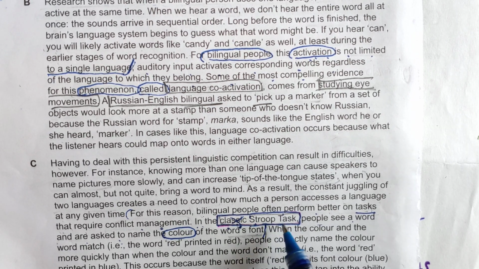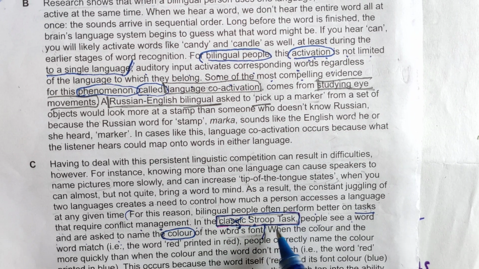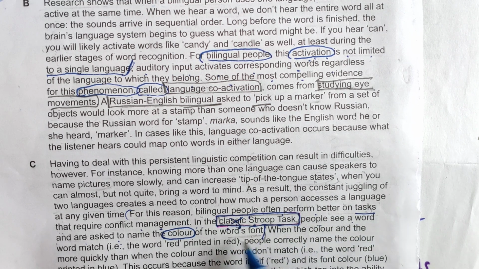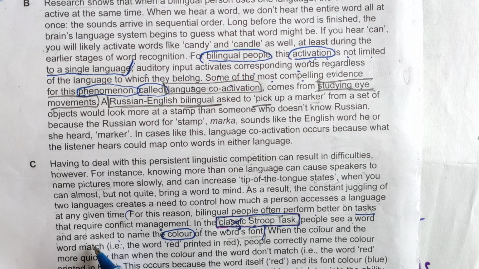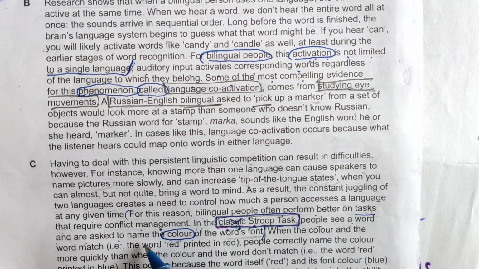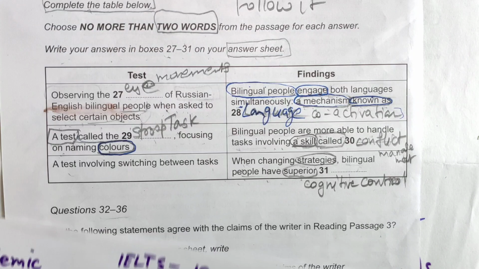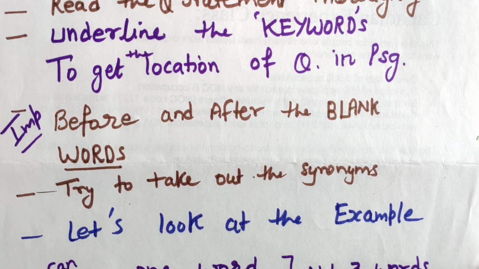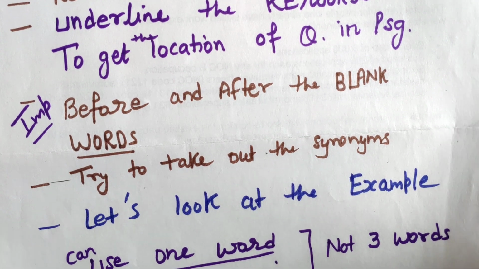This is the name of the task, and here is the explanation of the task: people are asked to name the color of the word's font. In this way we can easily get this.